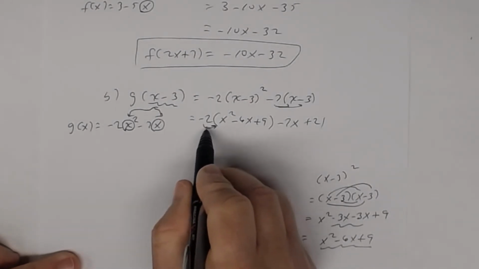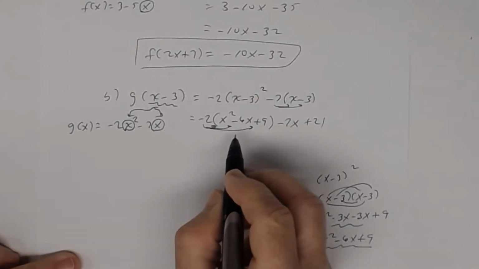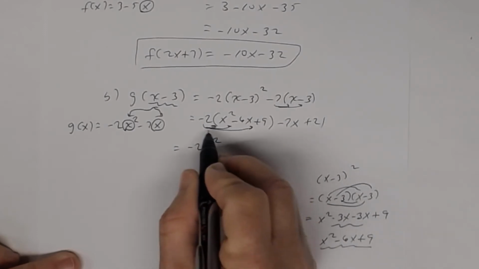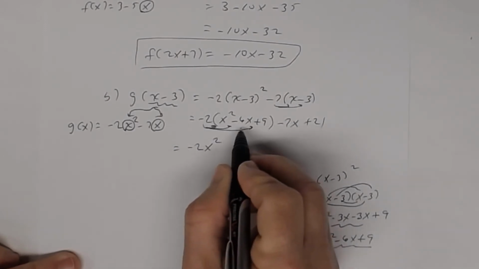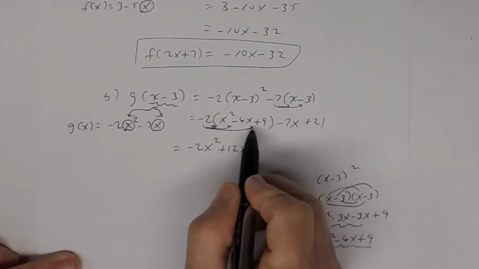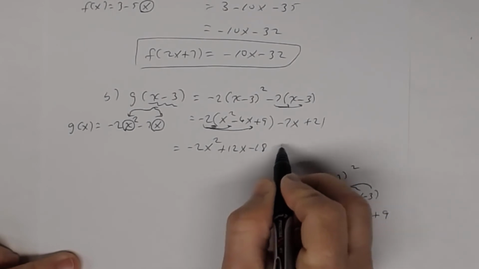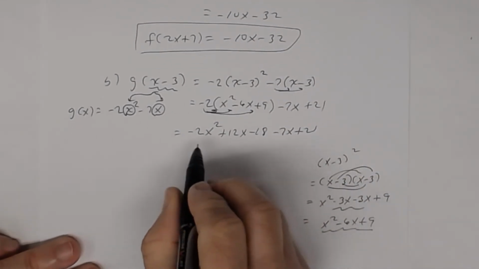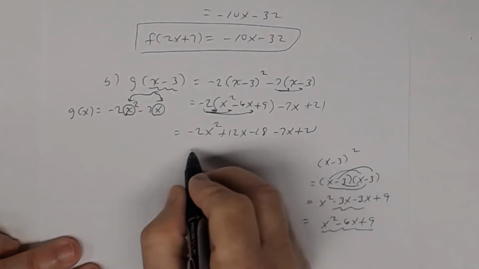Distributing negative 2, negative 2 times x squared is a negative 2x squared. A negative 2 times a negative 6x is a positive 12x. A negative 2 times a positive 9 is a negative 18, minus 7x plus 21. Then finally, combining like terms, and we're done.